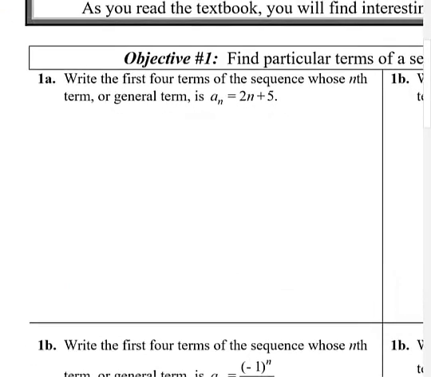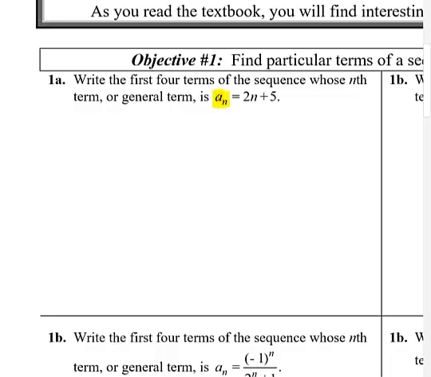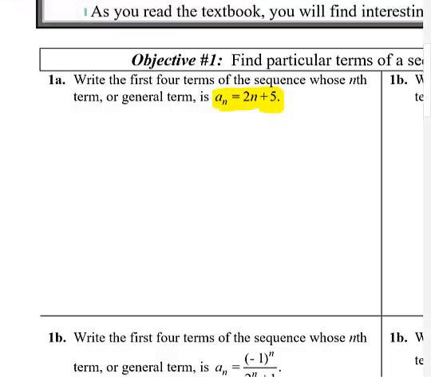Actually, this first example is pretty similar to the one I just wrote. It says that the sequence we're interested in has what they call the general term, a sub n, which is like the function, a sub n equals 2n plus 5. And they want us to find the first 4 terms. Which means you're just going to input n equals 1, n equals 2, n equals 3, and n equals 4.